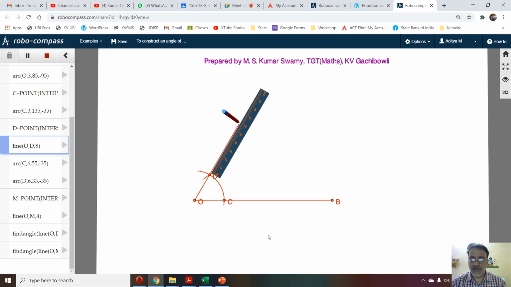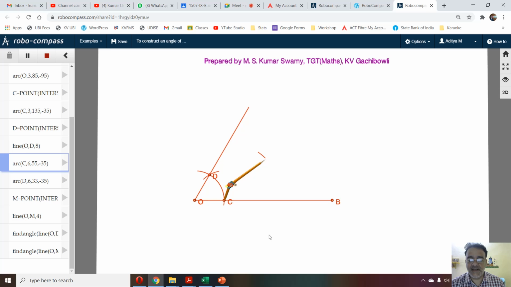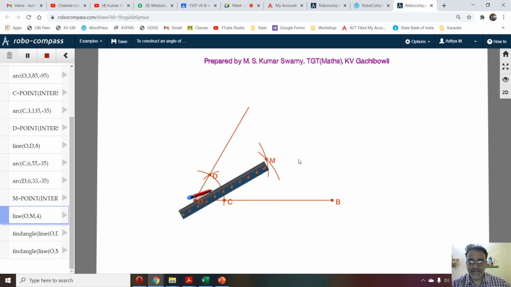Now we have to draw the angle bisector of this one. So for that, with center C, we have to draw one arc of radius more than half of CD. Okay, the radius should be more than half of CD, otherwise they will not intersect. Fine. Now both the arcs will intersect at point M. Now join OM.